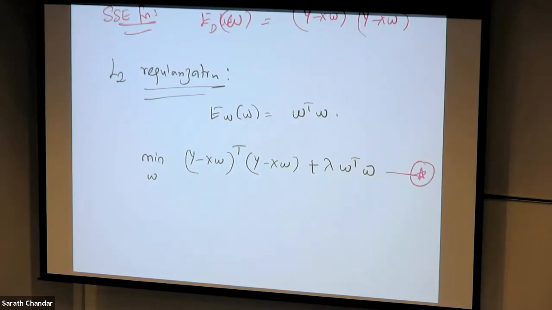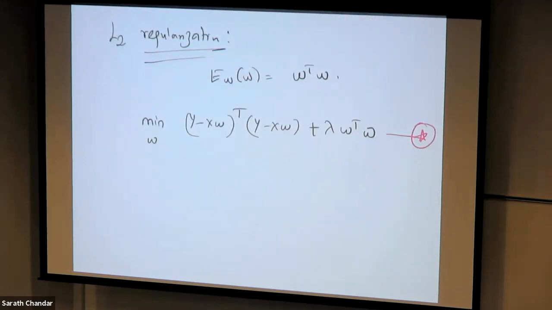We have already seen this star in the previous lecture, but then I told you there is a closed form solution that we will derive later. So we are going to derive that closed form solution today. It's very simple. We are just going to differentiate this with respect to W and set it to 0. When I differentiate the first term, it's Y minus XW the whole square, so it's 2 times (Y minus XW).